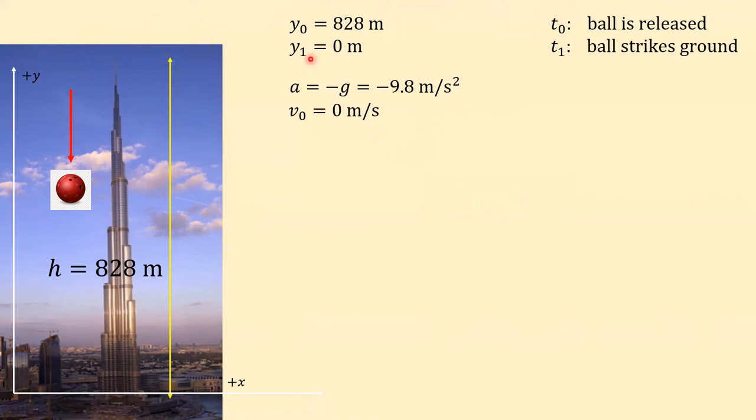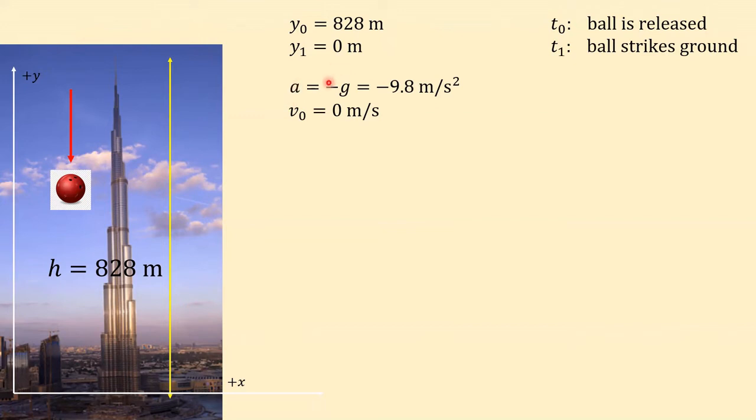Now, y1 is the coordinate corresponding to time t1, and I've chosen that as the time when the ball strikes the ground. So what is the y coordinate when the ball hits the ground? Because of my choice of coordinate system, the coordinate down there is going to be 0 meters. It's on the ground. And again, you want to be really careful when you substitute for the acceleration.